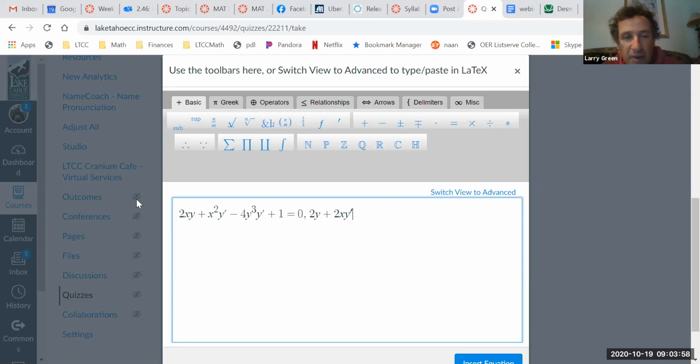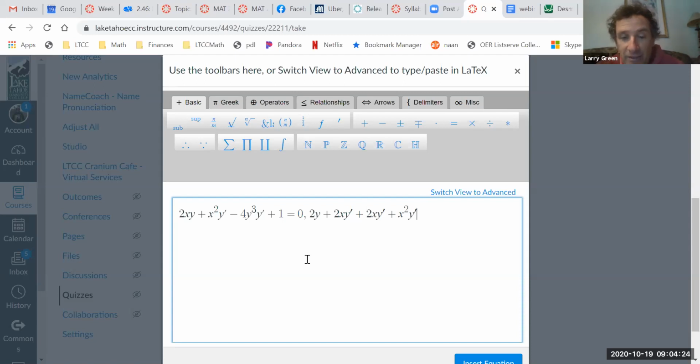Okay, now we use the product rule for the second one. The derivative of x squared is 2x, times y prime. And then plus x squared times the derivative of y prime, which is y double prime.